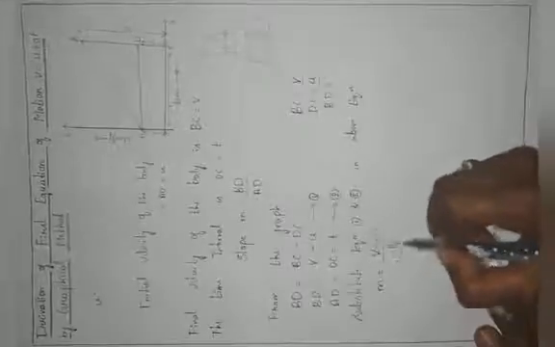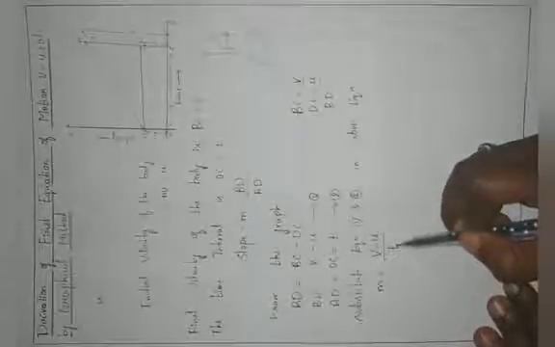Okay. Now you can observe this equation. This is final velocity minus initial velocity divided by time. V is the final velocity and U is the initial velocity, divided by time. Correct?